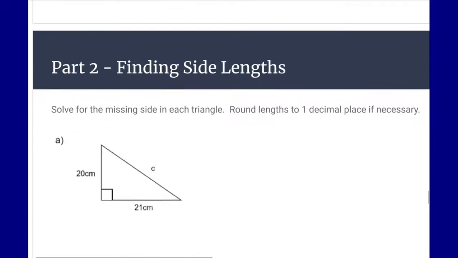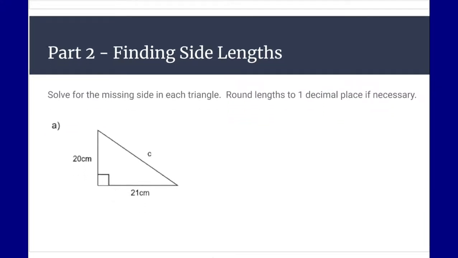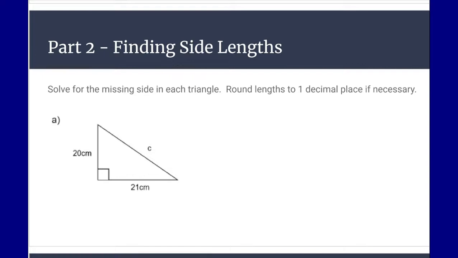So if we look at one example, we want to find the missing side length. This one is relatively straightforward because we are looking for C, which is our hypotenuse. That means our other 2 sides are A and B. Again, it doesn't matter which one is which. So we're going to start off with our formula, A squared plus B squared equals C squared.